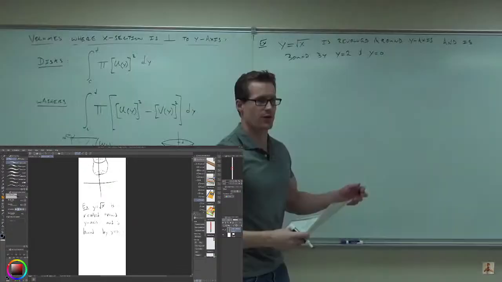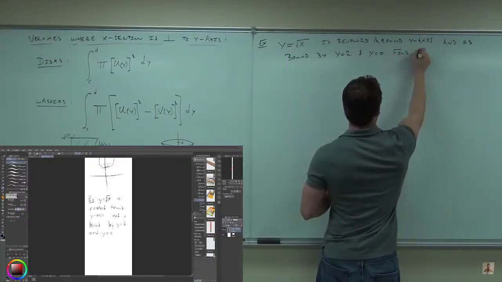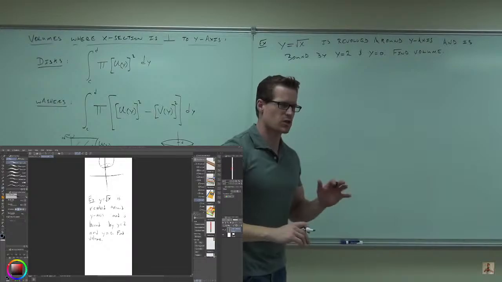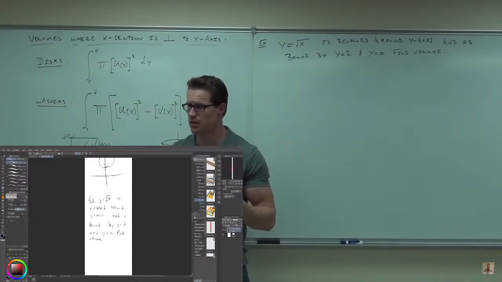What I'd like you to do is find the volume. Now, you can draw a picture of this, but you don't need to. I want to draw the picture so you see what's going on, but you just need to understand what all these pieces mean, okay?